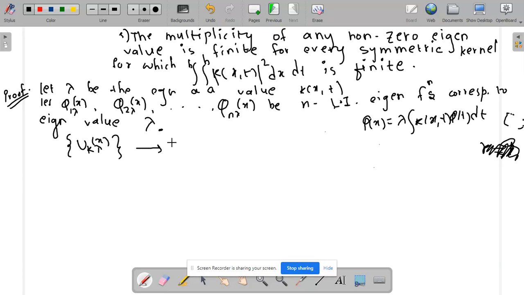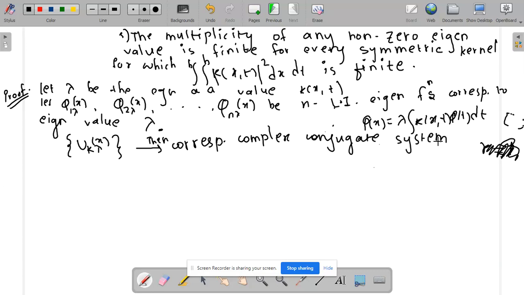Then the corresponding complex conjugate system can be formed, that is u_k lambda of x bar.